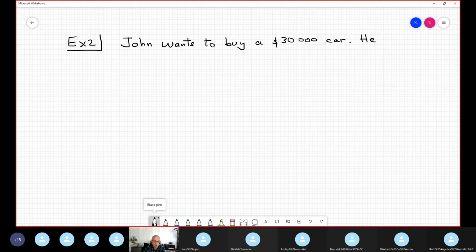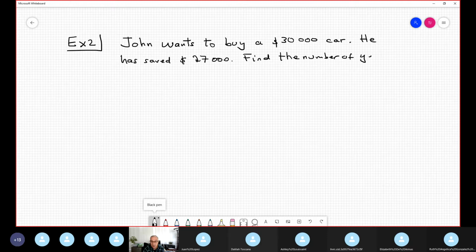He has saved 27, almost, but not yet. So you need to deposit this 27 in one account. Find the number of years. Guys, pay attention because problems similar to this you need to do in the test.